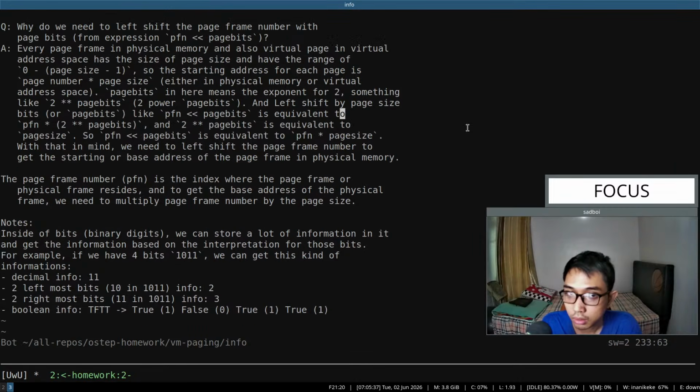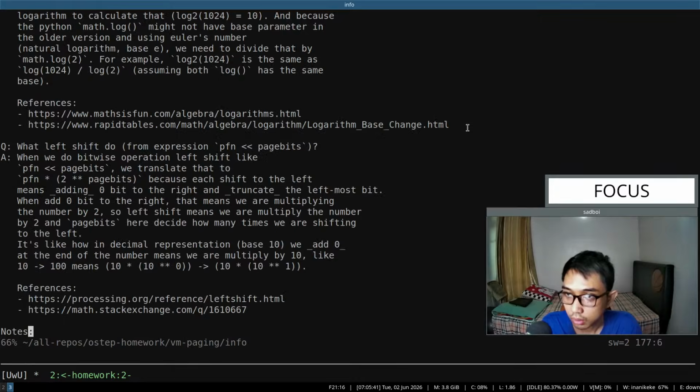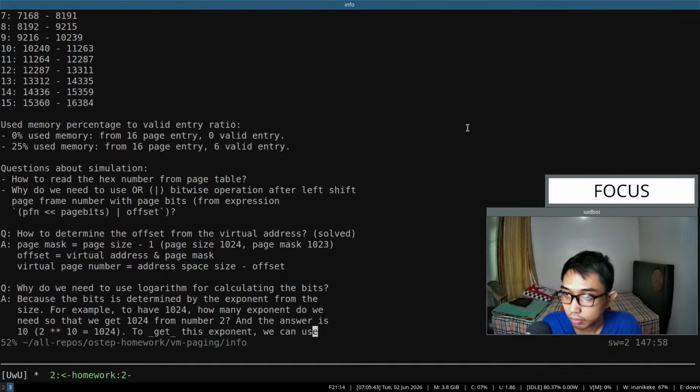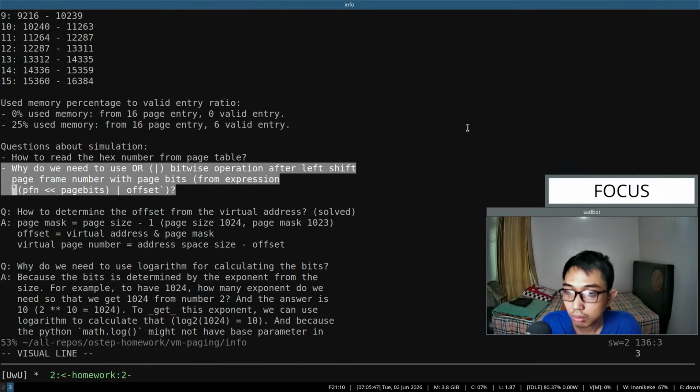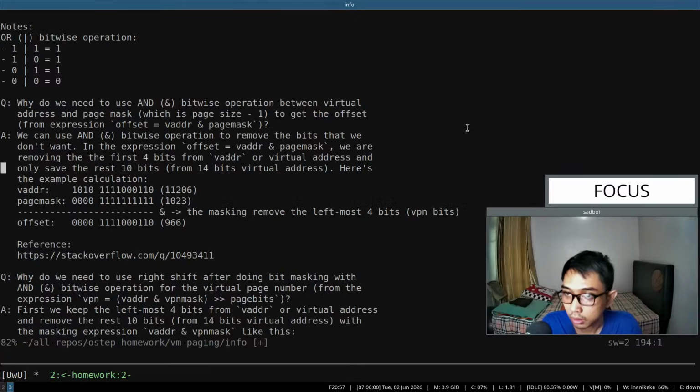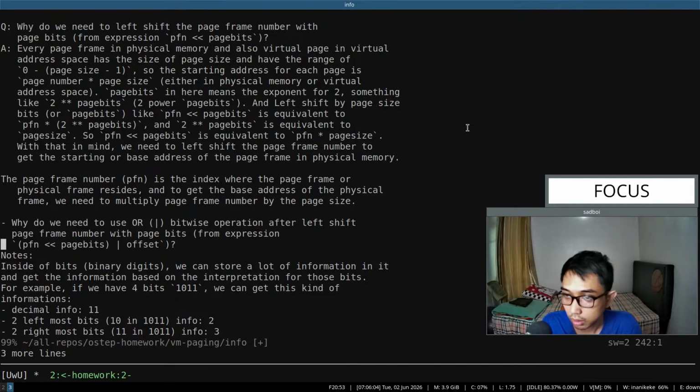Okay, and then for this question, we need OR bitwise operation after left shift. Okay, I think let me put this here.